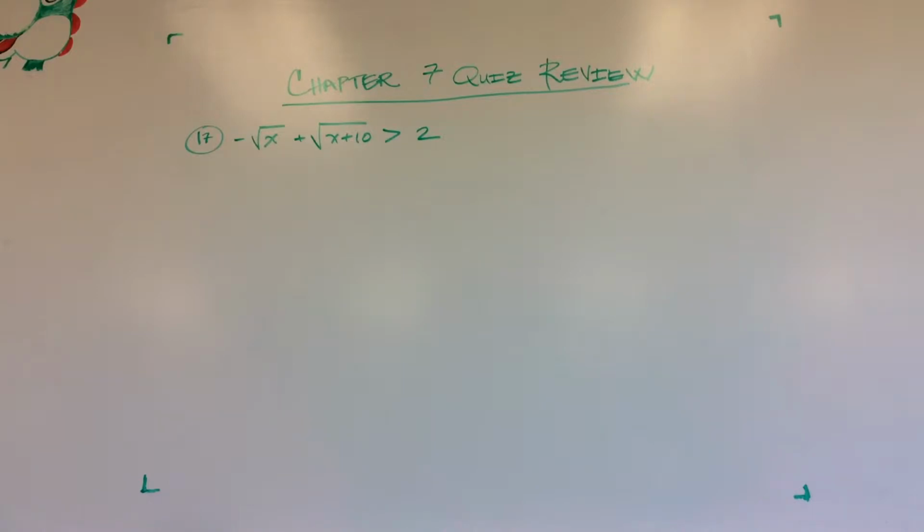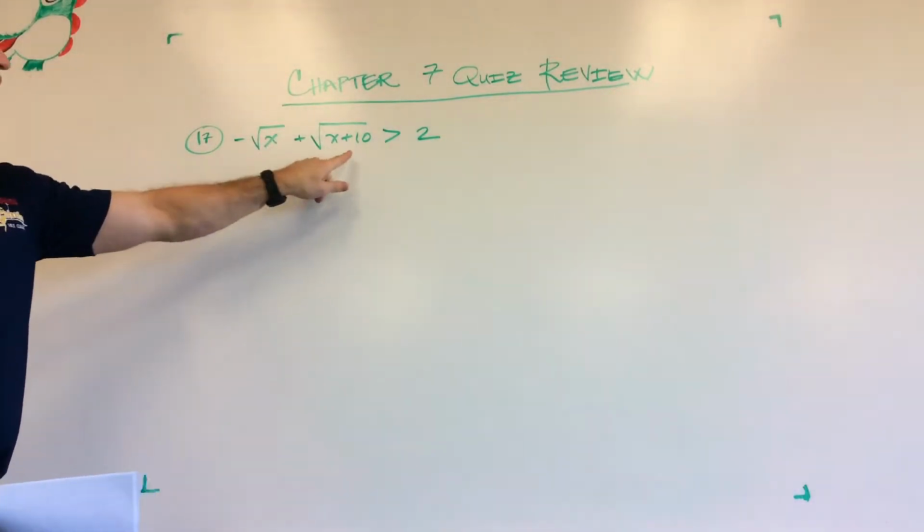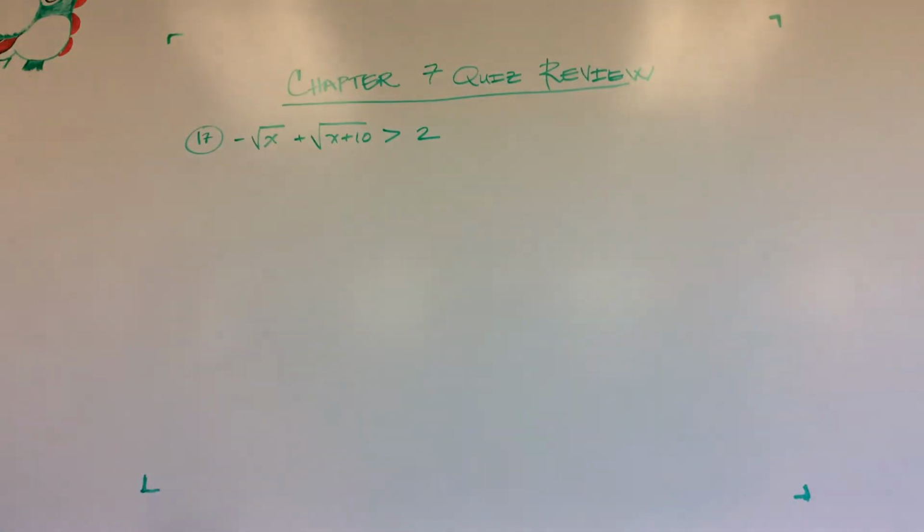But before we even get to that, remember our step 1, when we have an inequality with radicals, is we need to set both of our radicands, both this one of x and this radicand of x plus 10, greater than or equal to 0, and then determine which of those restrictions we need to abide by.